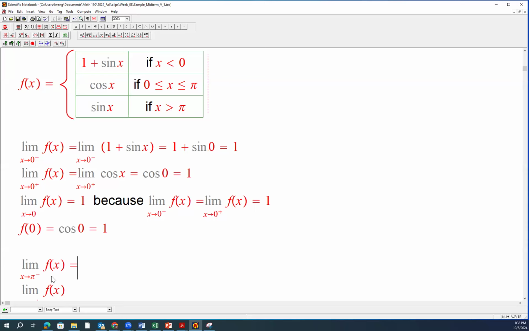For x approaching pi from smaller, obviously the function of choice is going to be cosine x.